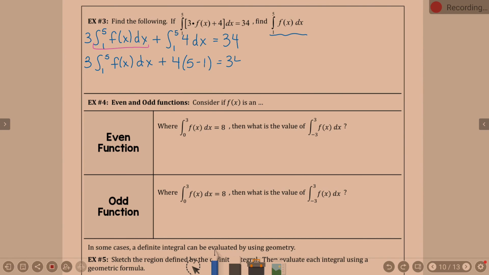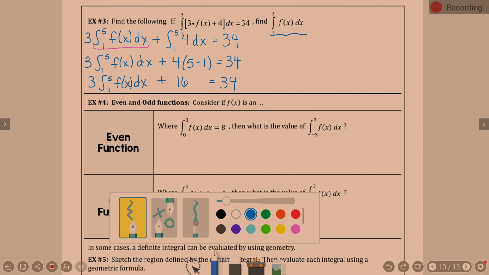My equation still equals 34, yes? See where we're going with this? I can clean that up. I didn't because I wanted to write it out the long way. 4 times 5 minus 1 is going to be 16. So I have 3 times the integral from 1 to 5 of f of x dx plus 16 equals 34.